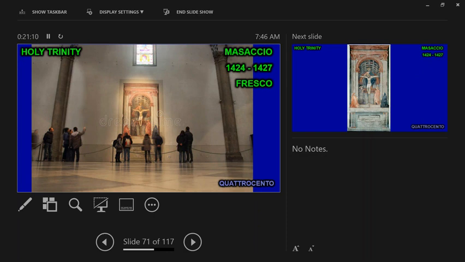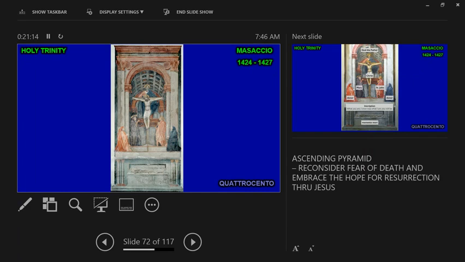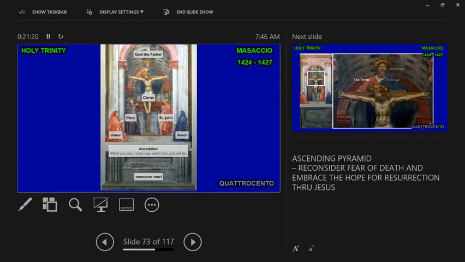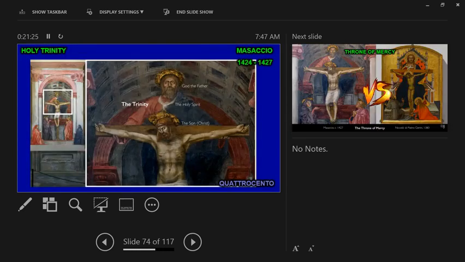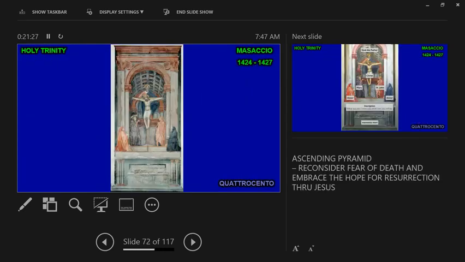Are we ready to move on? Okay, so what we have here is what is called the Throne of Mercy. I'll come back to this. At the top we have this arch and some architecture.